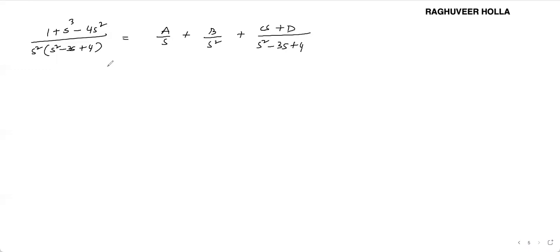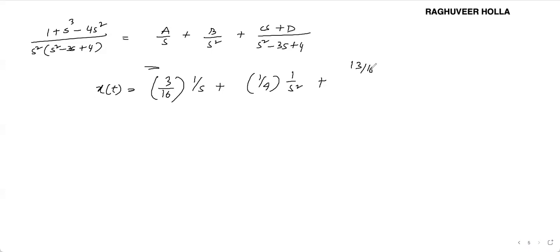Okay, so after solving it, we get x of t as 3 by 16 into 1 by s plus 1 by 4 into 1 by s square plus 13 by 16 into s minus 29 by 16 divided by s square minus 3s plus 4. Okay.